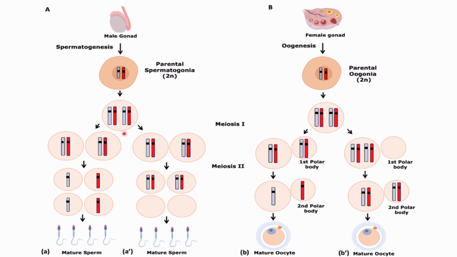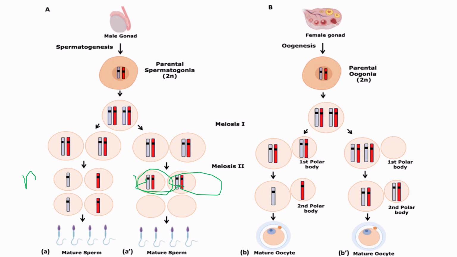After meiosis 2, some of them will produce sperms with the 2n condition, and some will have sperms with the n condition. Here these sperms are haploid, and you can see that some of them will have both parental characters like that in meiosis 2.